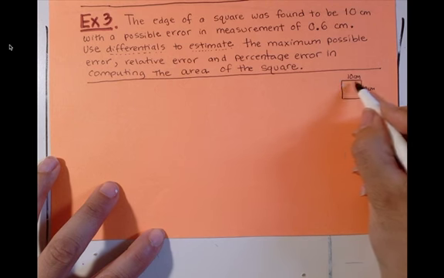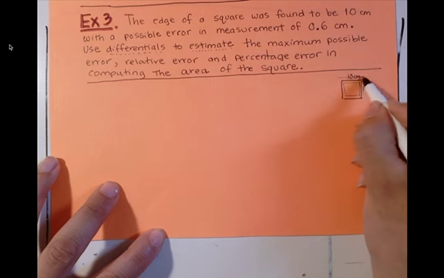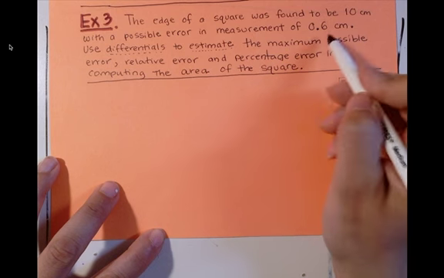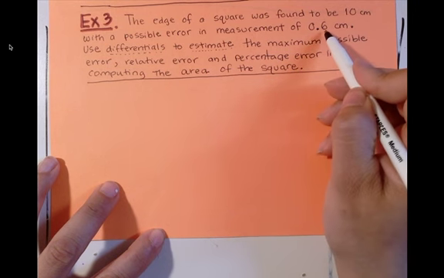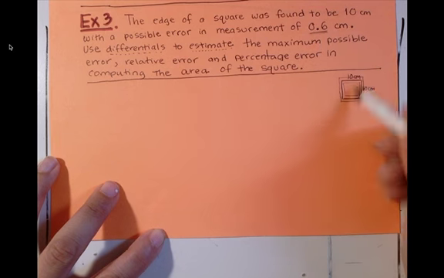So in other words, maybe the square is actually a little bit smaller. Maybe it could be as bad as 9.4 centimeters, or it could be as large as 10.6 centimeters. This is just the maximum possible error in the measurement of the input. The square could be a little bigger or a little smaller.